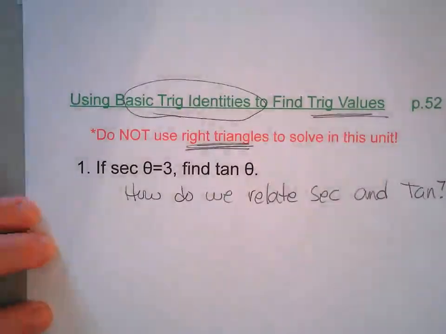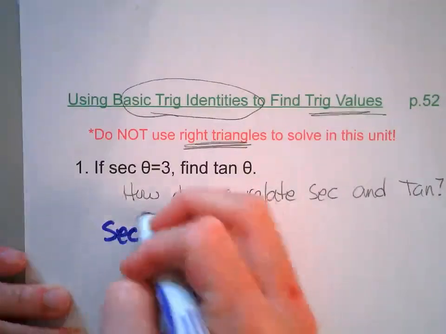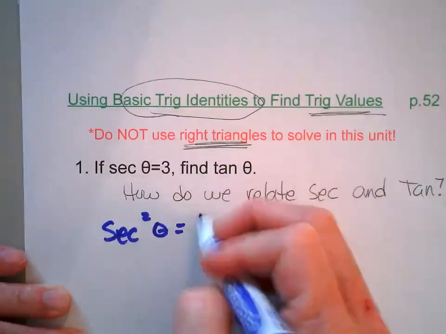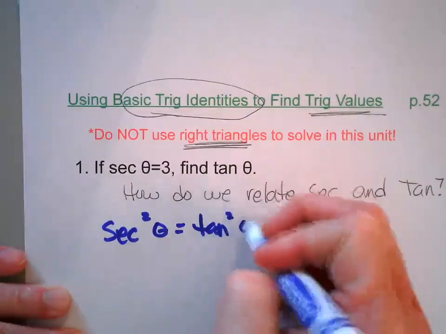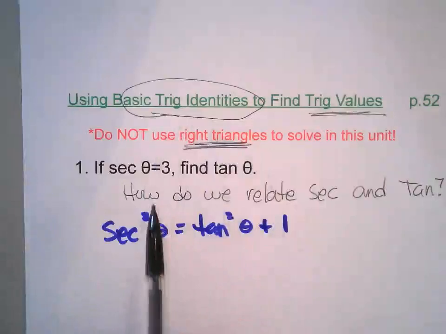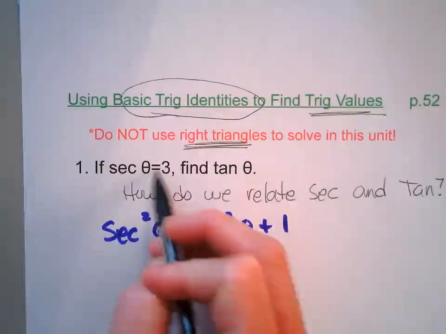So, secant squared theta equals tangent squared theta plus 1. So we get to plug and chug and solve an equation. So, our secant squared is 3.